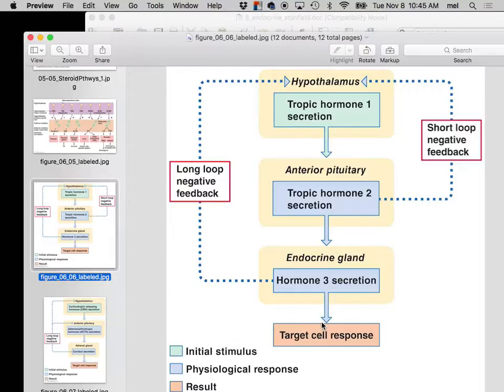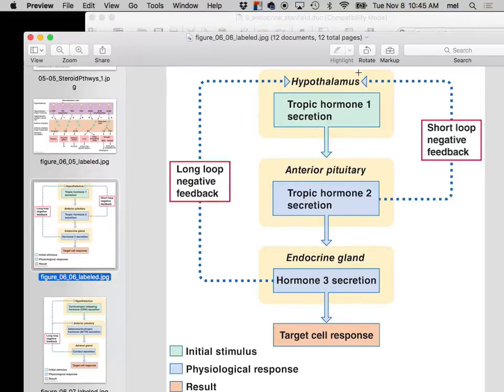If I had hyposecretion of T3 and T4, which are your thyroid hormones, does it make sense to you that the problem could be here at the thyroid, or here at the anterior pituitary, or here at the hypothalamus?